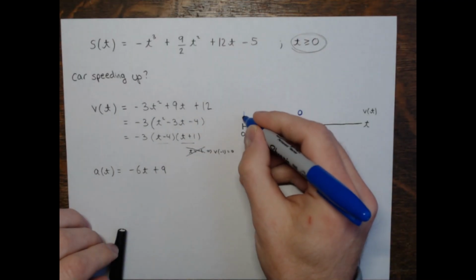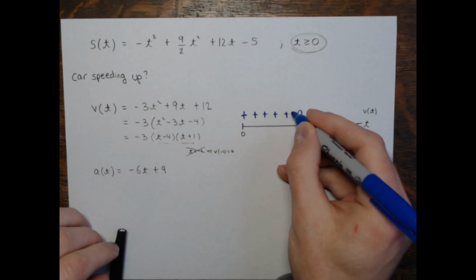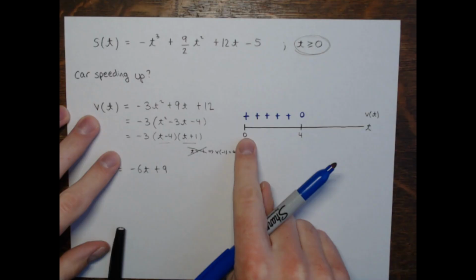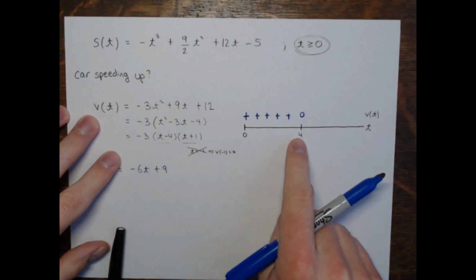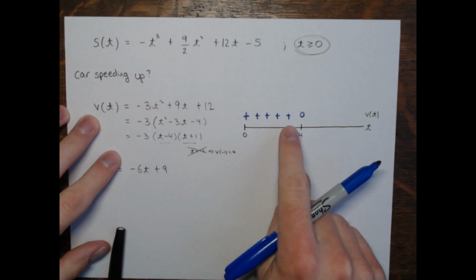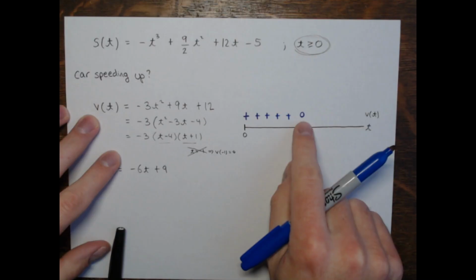The value would be positive 12. So I'll put little pluses there. So from the beginning of the drive, for the first 4 seconds, this car is moving to the right on this straight line highway. Then it stops for a moment.